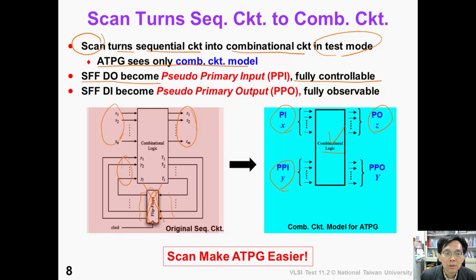Also, scan flip-flop data input now becomes pseudo-primary output of this circuit model because they are fully observable. So for ATPG, we only work on this combinational circuit model. This is very good news. Scan makes ATPG a lot easier.